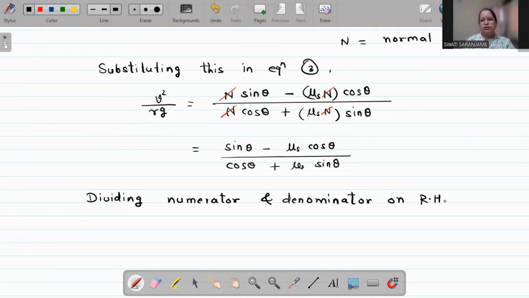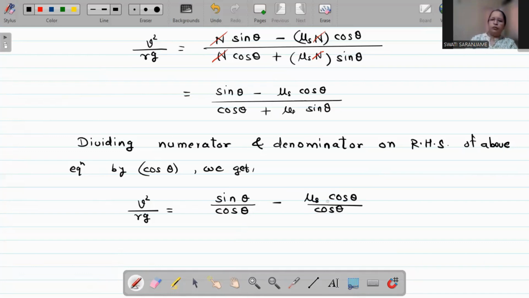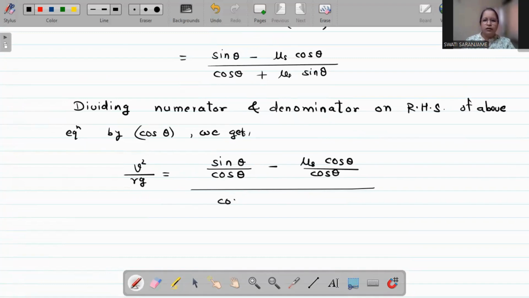On the RHS of the above equation, dividing each term in the numerator and denominator by cos theta, we get V square by Rg equal to sine theta by cos theta minus mu s cos theta by cos theta, over cos theta by cos theta plus mu s sine theta by cos theta.